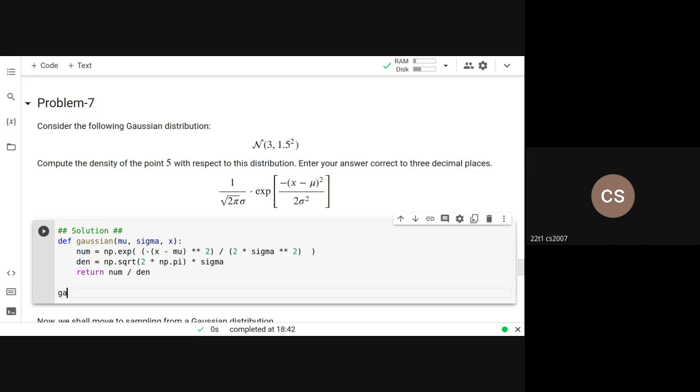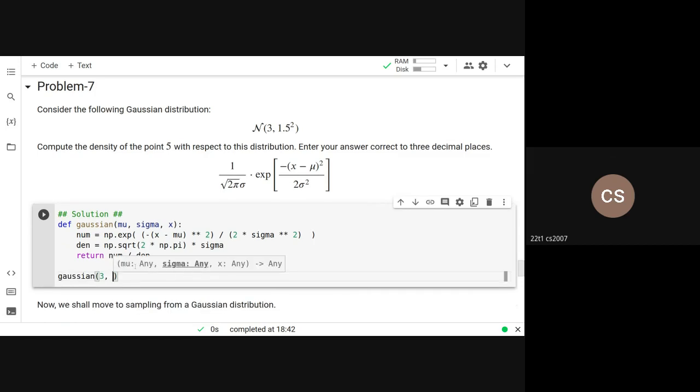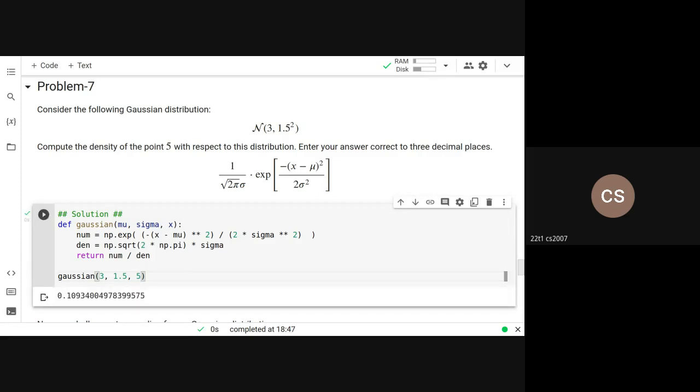Now if you want to find the density of the point 5, you pass mu, which is 3. Since sigma square is 1.5 square, sigma is just 1.5. And then the point at which you want to evaluate is 5. Okay, so did you get the Python translation? A simple Python function, but it will be very handy later on.